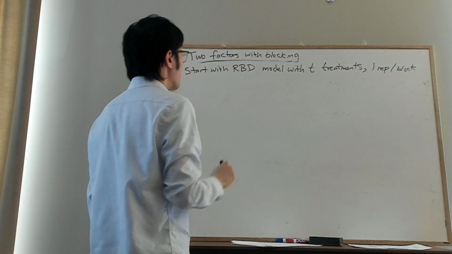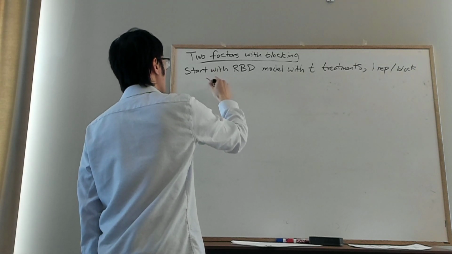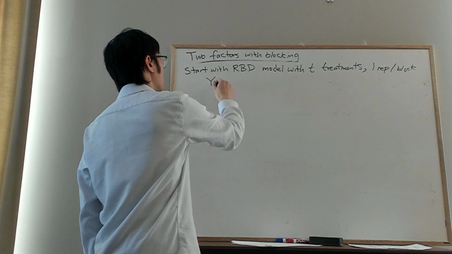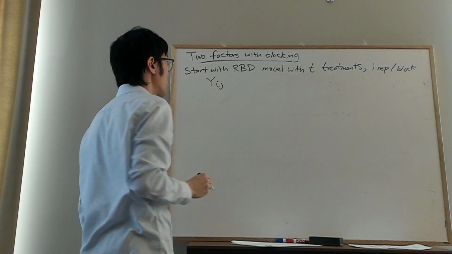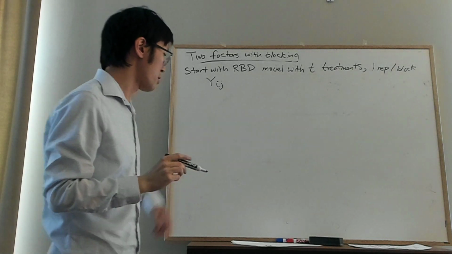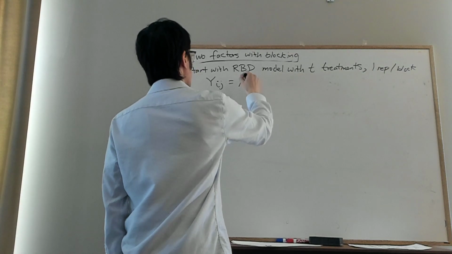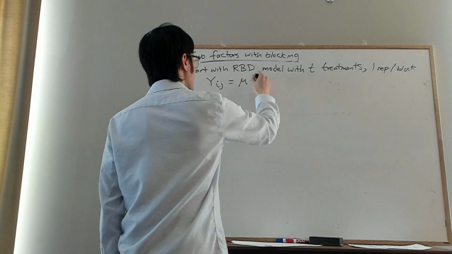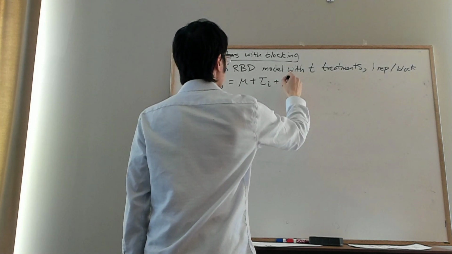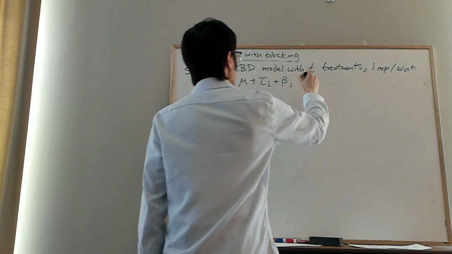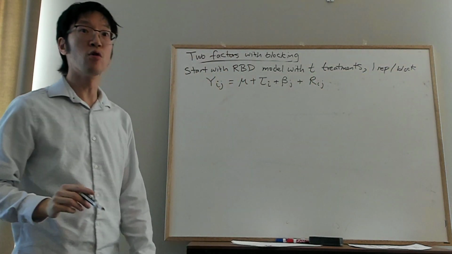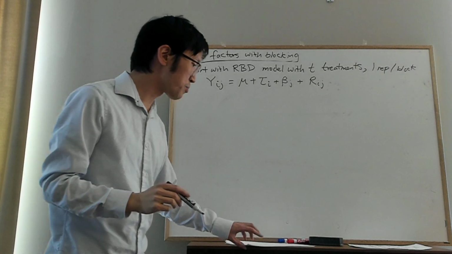Okay, so the model looks like this. So we model the response, that's y, for the ith treatment and the jth block, so y_ij, modeled as an overall mean parameter plus a treatment effect, that's the index i, plus a block effect, that's the index j, and then plus a residual term, which is assumed to be all independent and normal with the same variance.